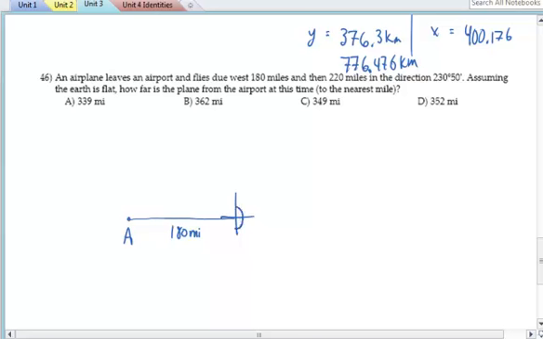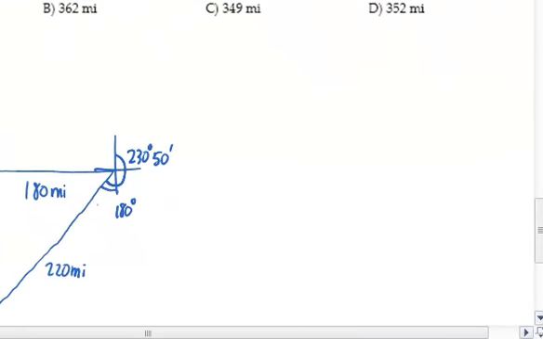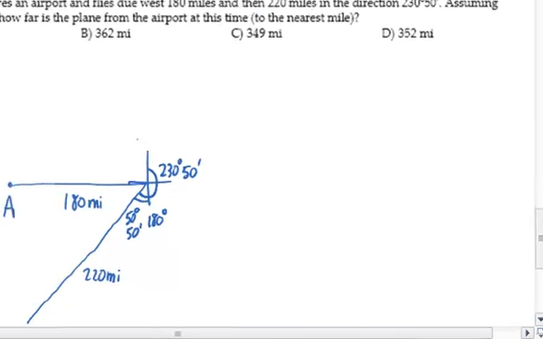So 230 degrees is going to be roughly in this direction. Just going to fly that way for 220 miles. And this is 230 degrees 50 minutes. We know that this is 180 degrees, so this angle here has got to be 50 degrees 50 minutes, because that's how much it went past the 180 mark.